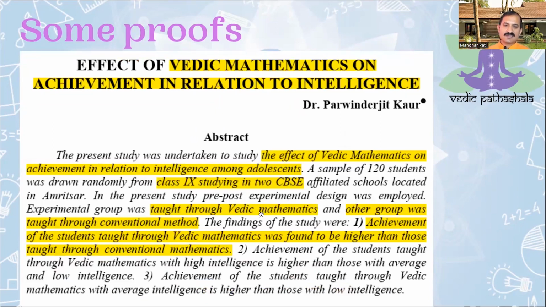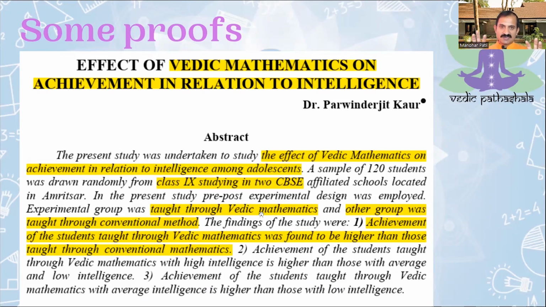So let's take the national publication. The same kind of study has been carried out by Parvinderjit Kaur, and she has also published a paper. The name of the paper is Effect of Vedic Mathematics on Achievement in Relation to the Intelligence, among adolescents.